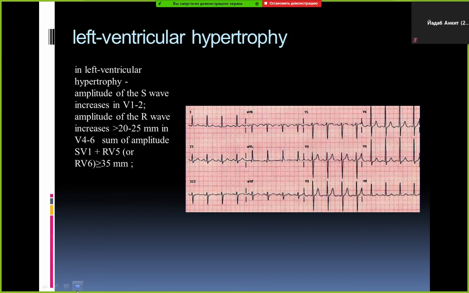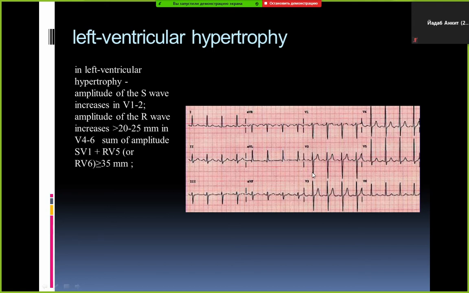So this is ECG of left ventricle hypertrophy. Left ventricle hypertrophy is characterized by high R in left chest leads V6 and V5 and deep S in right chest leads V1, V2.